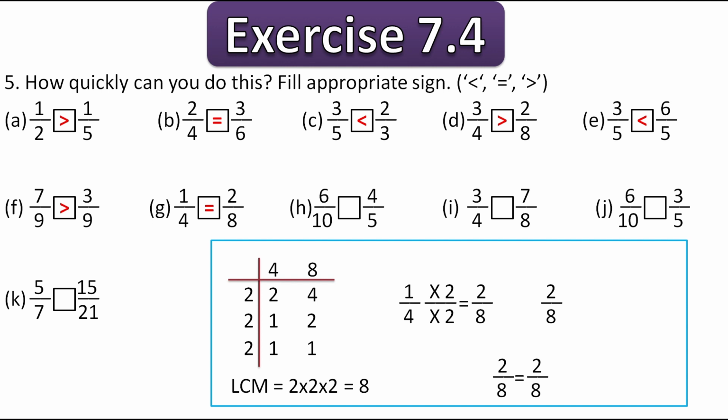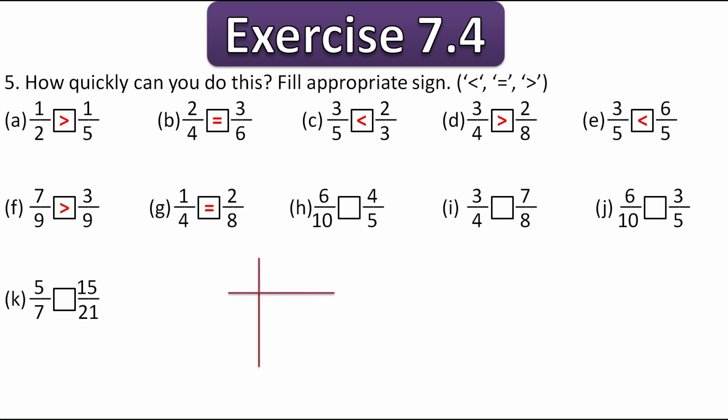Now in this next one, we have 6 upon 10 and 4 upon 5, where numerator as well as denominators are different. So we have to find the LCM of 10 and 5. Okay, so I'll take here 5 2s are 10, 5 1s are 5, and 2 1s are 2. So the LCM is 5 2s are 10.